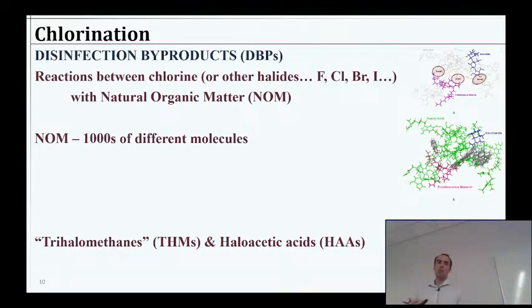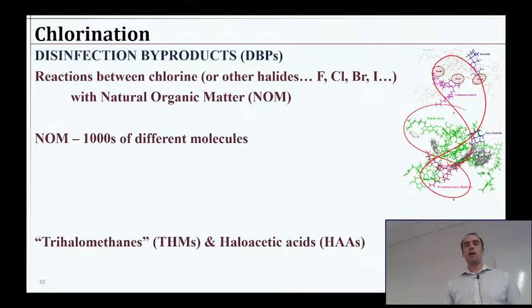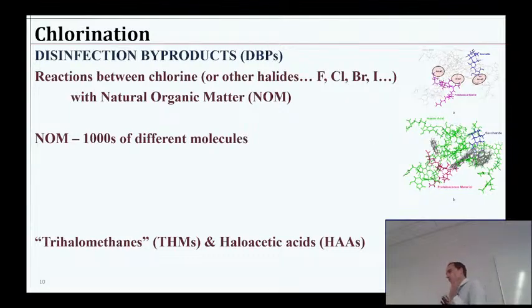And if things go poorly and we use way too much chlorine, or we just have way too much of this natural organic matter stuff, which really is random assortments of all sorts of molecules. There's no way we're dealing with all of that precise chemistry. Even analytical chemists are not precisely describing all of what's in natural organic matter. But we can monitor for some of these.